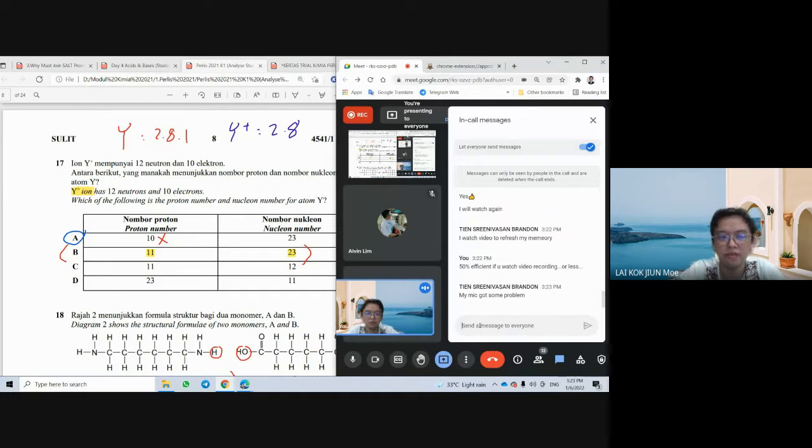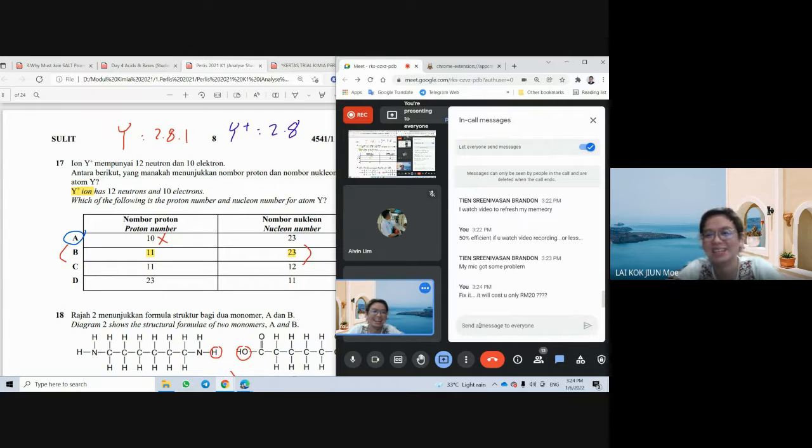So you have a career goal, fix it lah. It will cost you only 20 ringgit. You buy a headset that has a mic, then no problem already, Brandon. You pay so much for Mr. Lai's workshop, but you don't want to pay for an earset. If paiseh, cannot. I know why you are paiseh, Kai En. All of you are warriors, are friends. Why paiseh? Sporting.